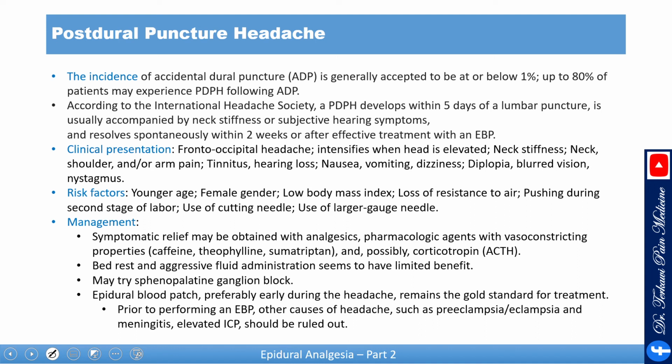You may try a sphenopalatine ganglion block; there are a few case reports. Definitive treatment is an epidural blood patch, preferably done early rather than late. Prior to performing an epidural blood patch, other causes of headache such as preeclampsia, eclampsia, meningitis, and elevated ICP should be ruled out in laboring patients.